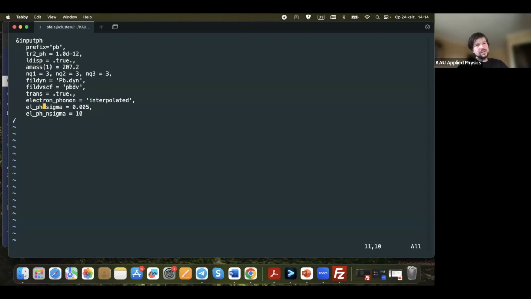And also we have two other parameters, elf sigma and elf n sigma. So it's broadening or smearing. Because as I told, the smearing parameter is very important. So we try a few smearing parameters here in one calculation, and then we choose the parameter from which the results will not change a lot.